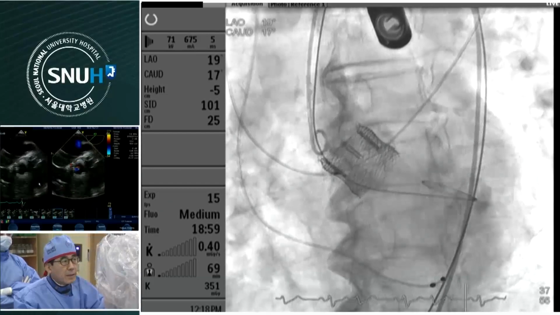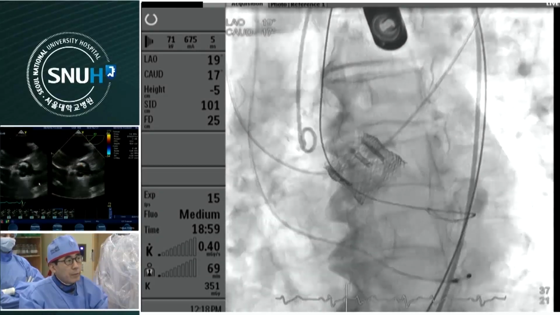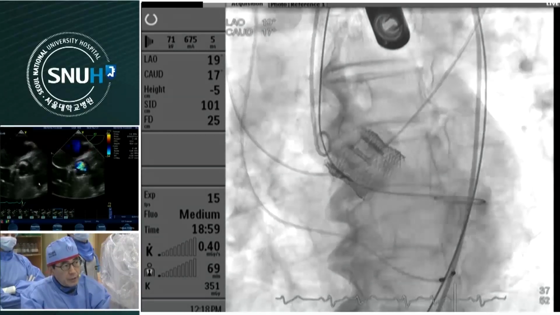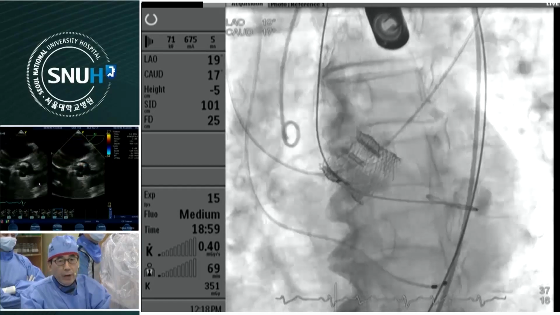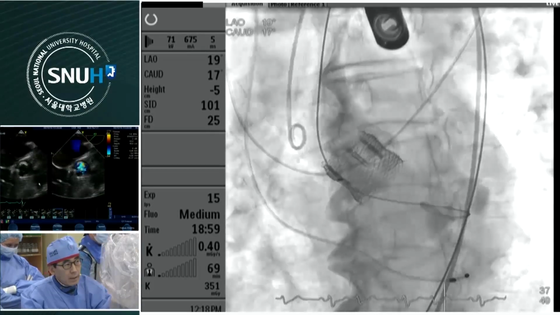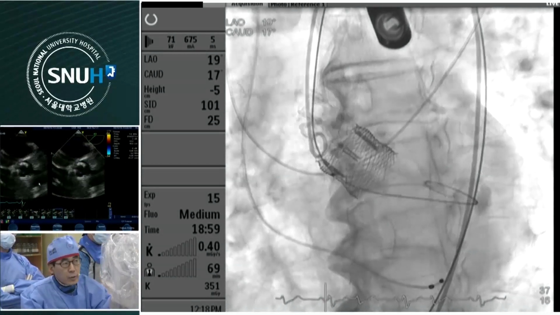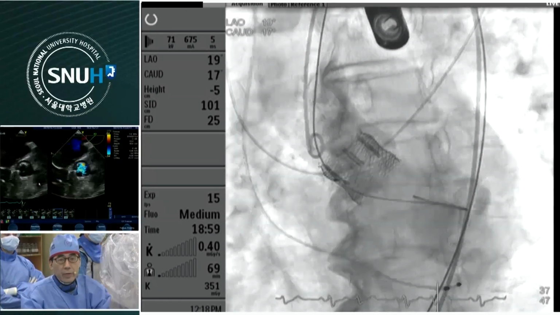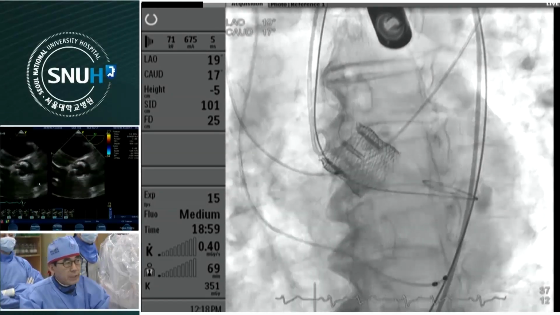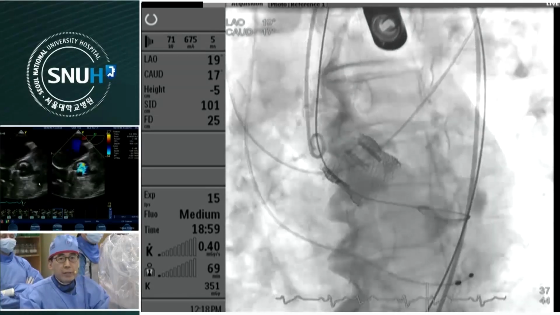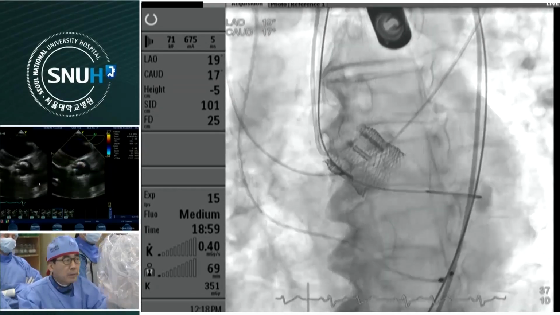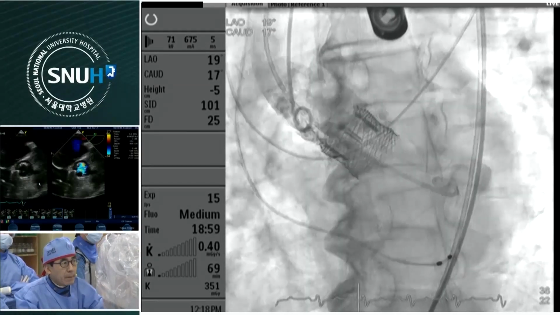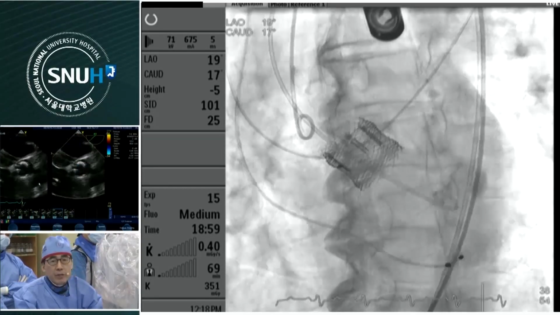This is the previous angio. We can see moderate regurgitation because of stiff wire bias. With the stiff wire inside, there is usually significant transfemoral regurgitation. Then we exchange the stiff wire with a pigtail, and there is no regurgitation.